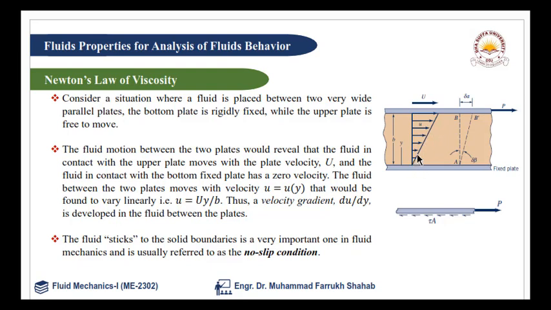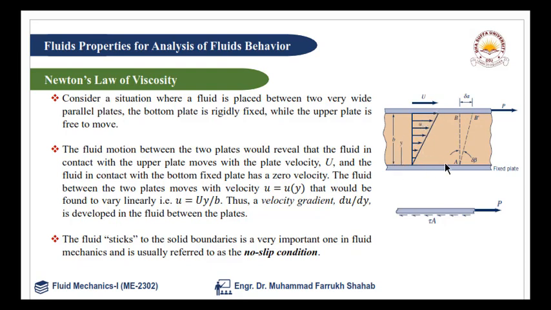As you go upwards, the velocity is increasing, and as you move up to this plate, the velocity of the particle is the velocity of the plate, because the last particle in this vertical length is sticking with the upper plate.